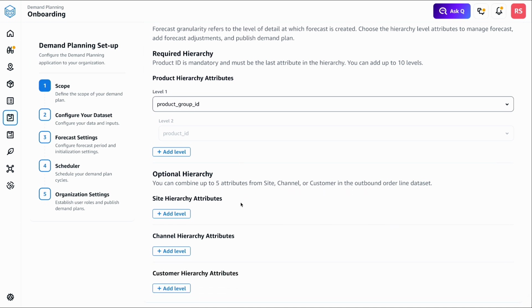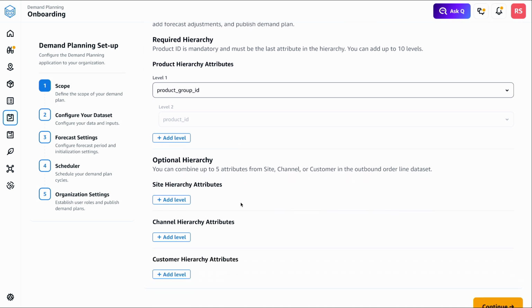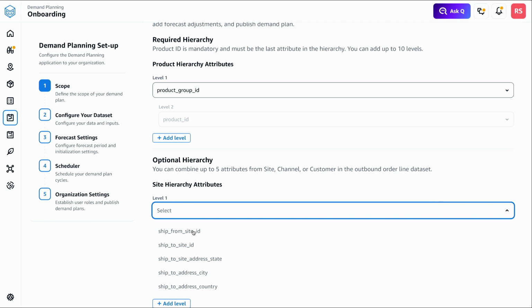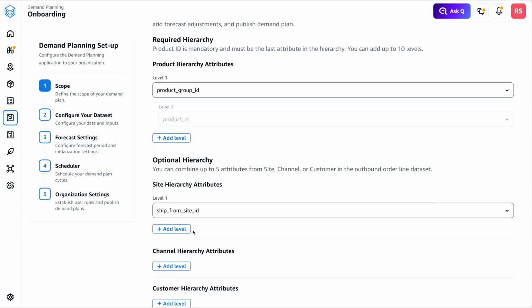Now, the AWS Supply Chain's demand planning capability doesn't stop there. It also exposes certain alternate hierarchies for the demand planner to take advantage of. You might wonder what that actually means. Let's say from a planning standpoint, you want to plan by a particular location. Under site hierarchy, you can choose ship from site ID as an example.